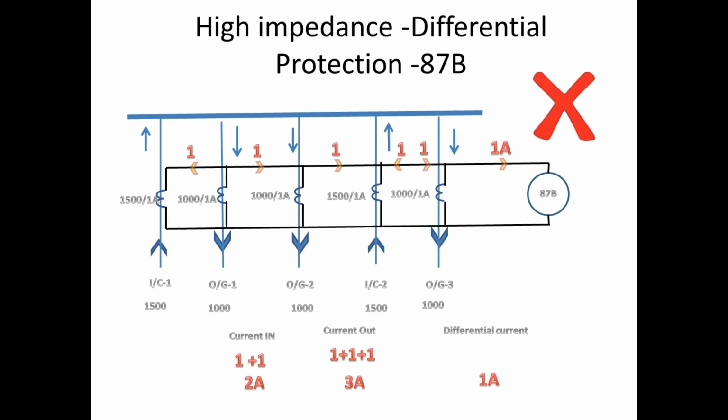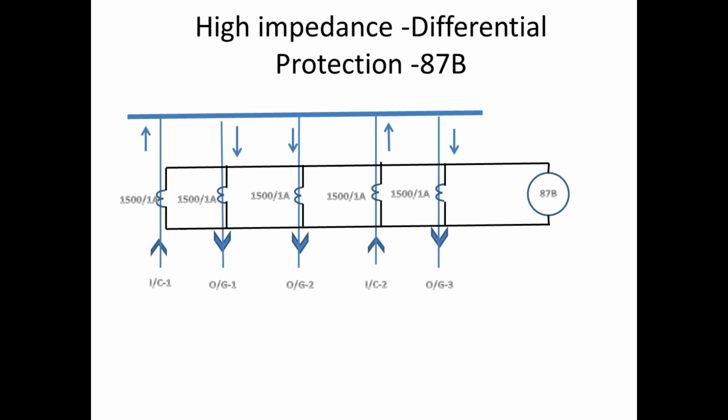It is nothing but we have to choose CT ratio, that is CT ratio choosing should be same. For choosing CT ratio we have to consider the maximum current ratio CT. Here 1500 amps is the maximum, so all should have 1500 amps by 1 CT ratio.